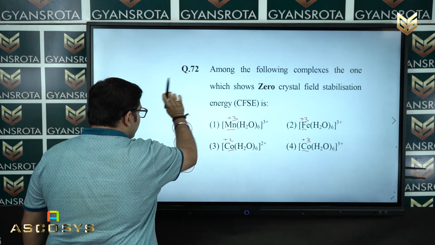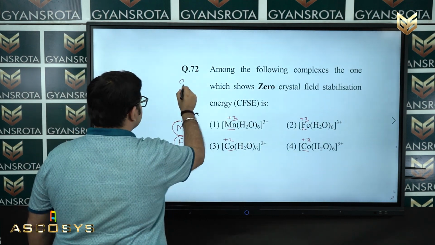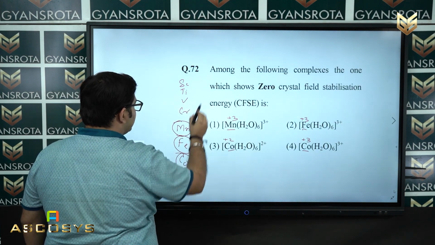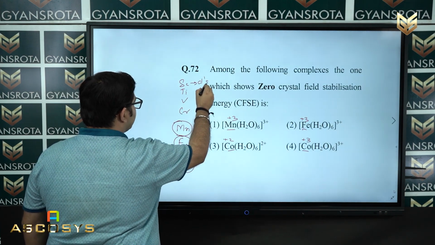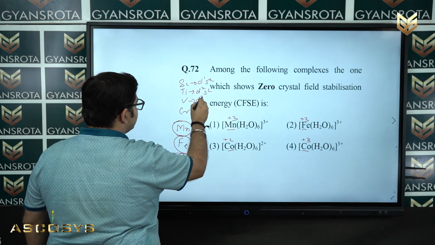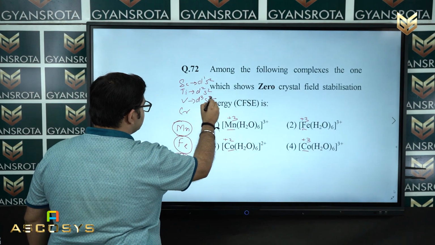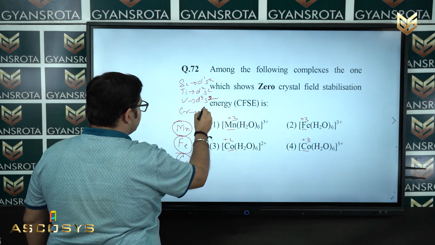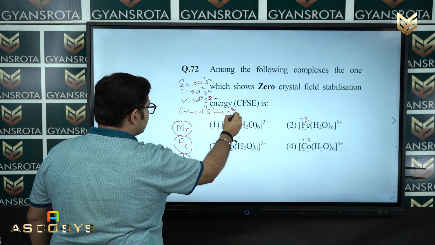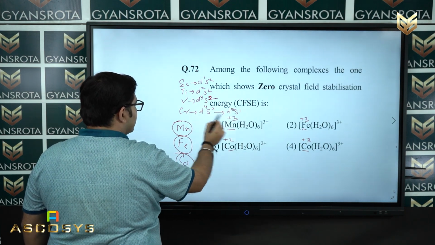Now just write the configuration: d1 s2, d2 s2, d3 s2, d4 s2, it should be d5 s1 because of this stabilization.